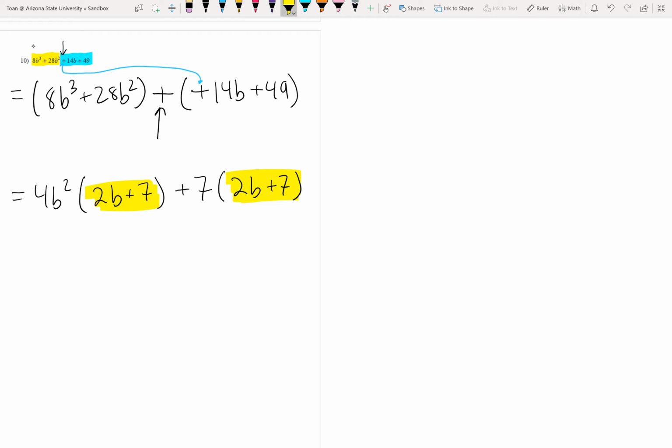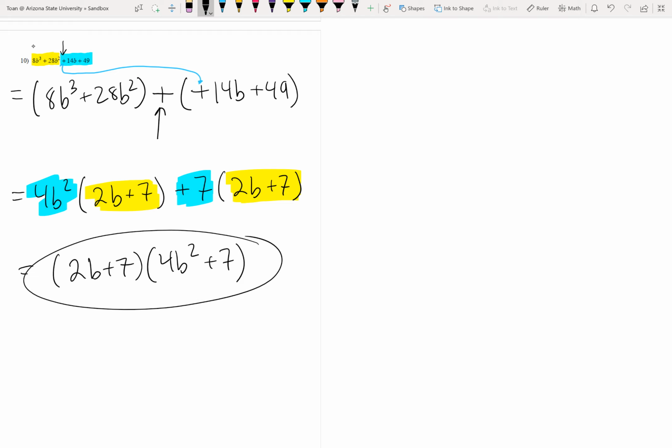That's what we want. Because they're the same, that means we can factor out the 2b plus 7. And in normal factoring, whatever you factor out, you always have a second parentheses for your leftovers. And hopefully you can see that we have 4b squared plus 7 as leftovers. This is the factored form.